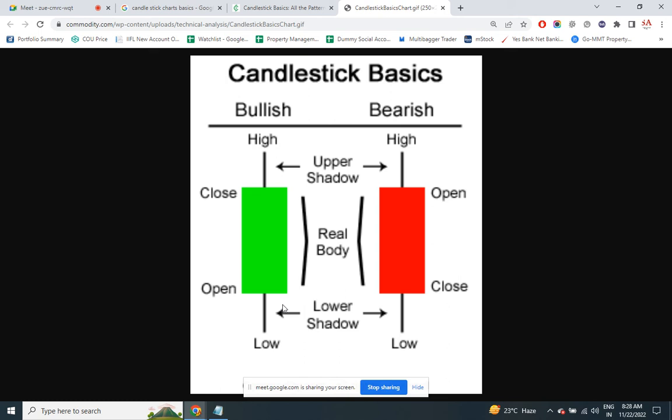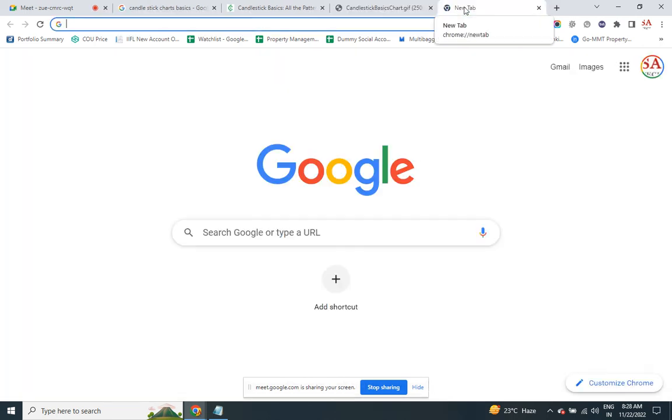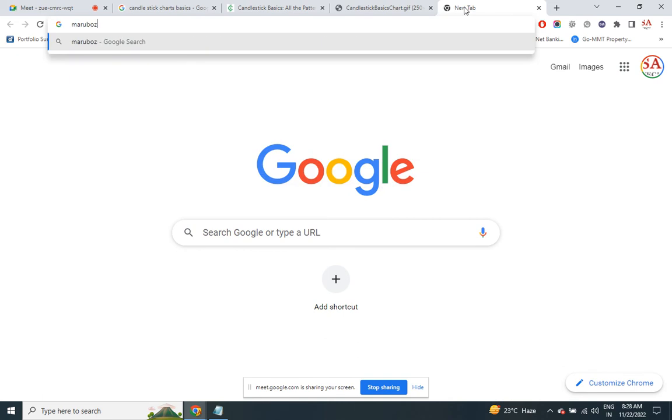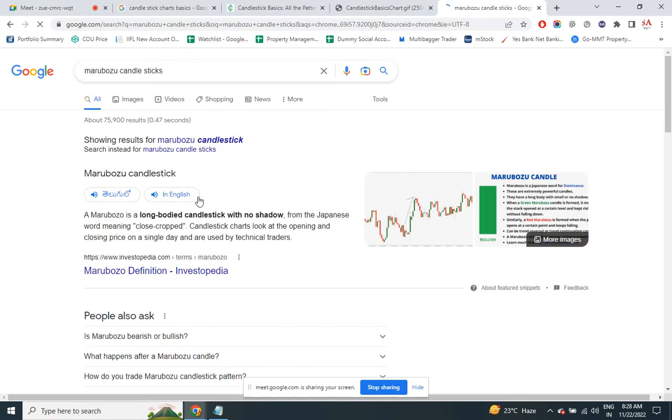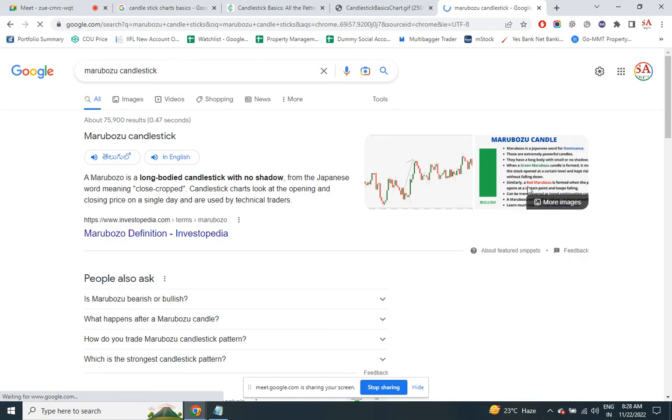Alright. So let us see what are the important chart patterns. First one, give the headline as Marubozu. These are all Japanese names because candlestick was started by this Japanese. Marubozu candlestick.